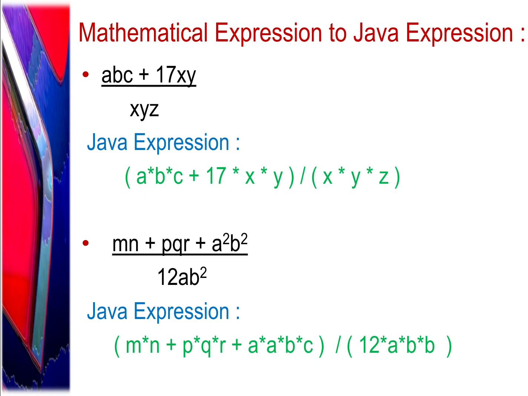But for you, a, b, c are different things: a multiplied by b multiplied by c. You want to tell a computer like that, so you have to write it in detail: a into b into c. I mentioned one bracket because I want to show the numerator part as well as the denominator part. That's why I created a bracket over there.